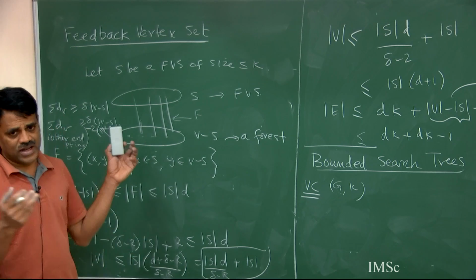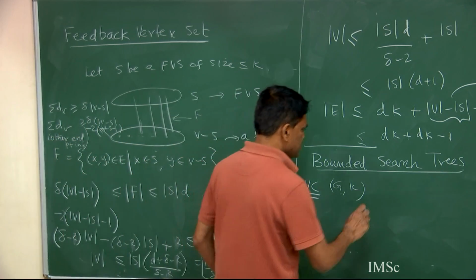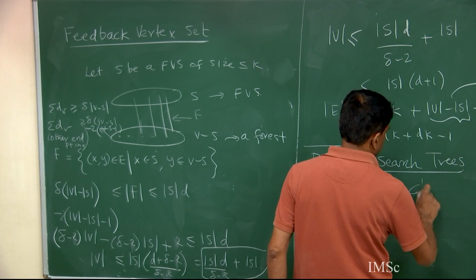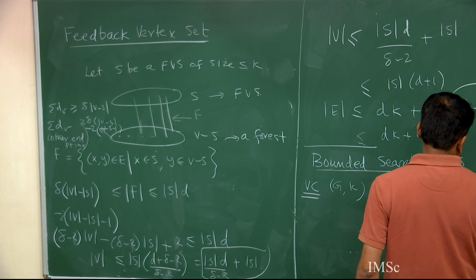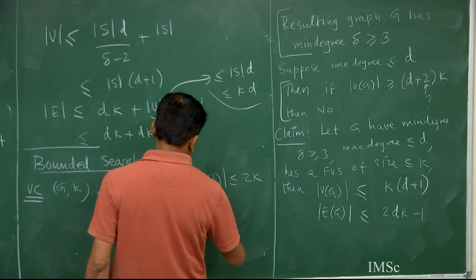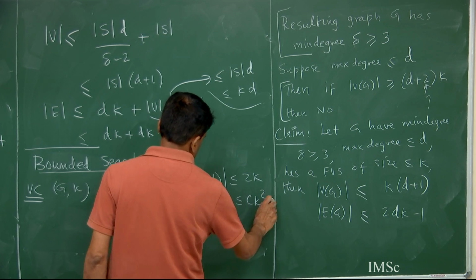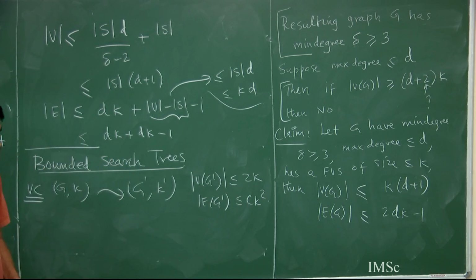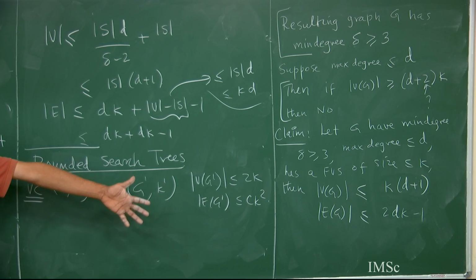You can always kernelize because it does not cost you much, it is polynomial time. So you get a G prime, k prime. Now you want to solve it. You want to know whether this is a yes instance.